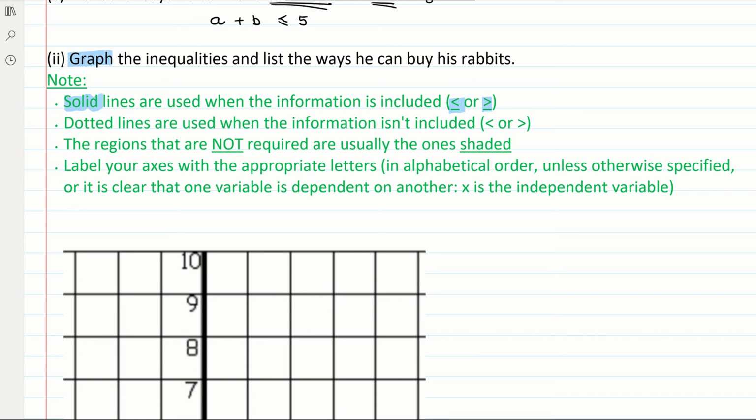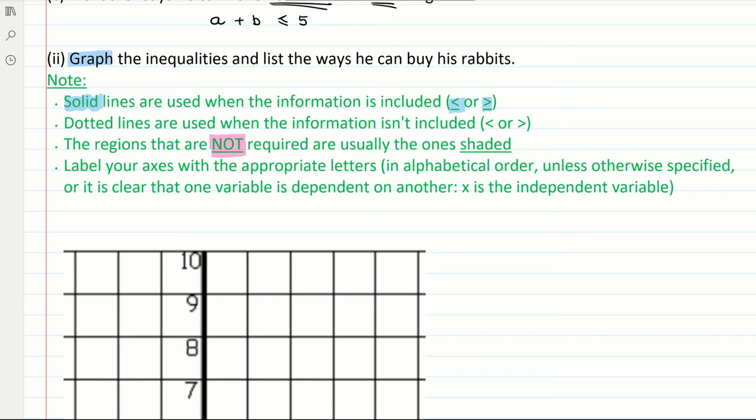For GCSE, it's not necessary. For the IGCSE, sometimes they ask you to put the letter R, if you remember. But for this, you must shade. And you shade the region that is not required. So I'm going to highlight that. The region not required is the region you shade.